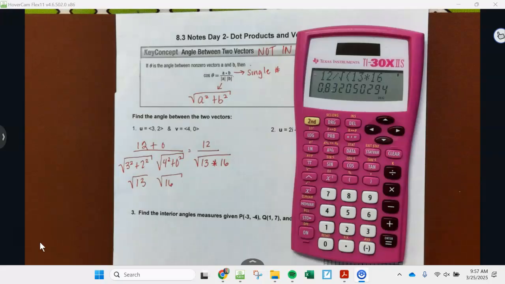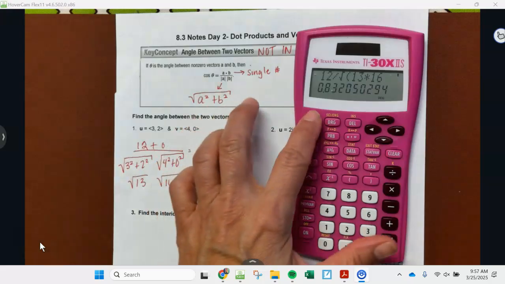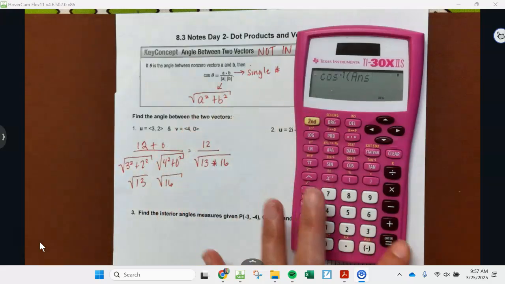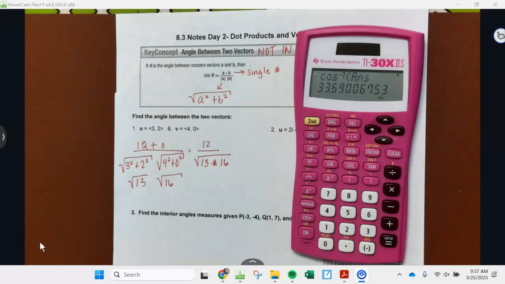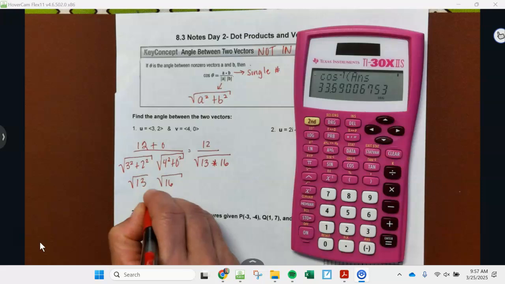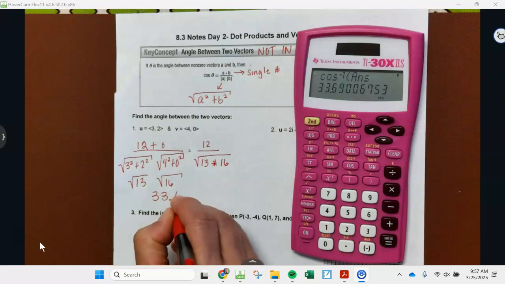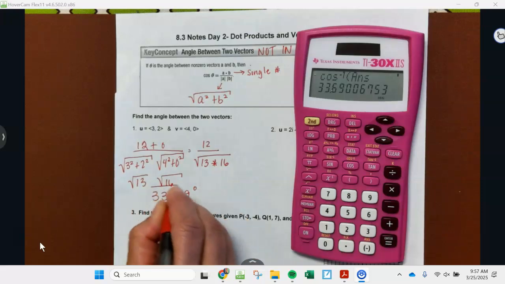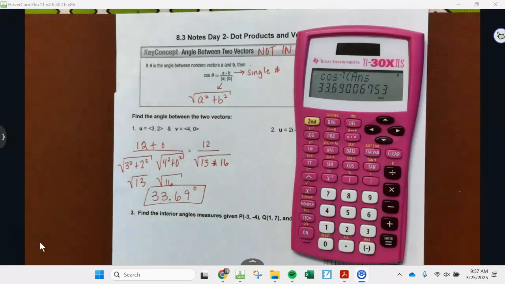So you should have got 0.832 something. That's good. That's the cosine ratio, but we want the angle. So second cosine, second answer. The angle created by vector U and vector V is a 33.69 degree angle. And that's how we do it.